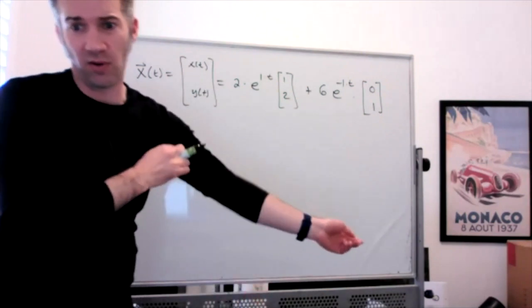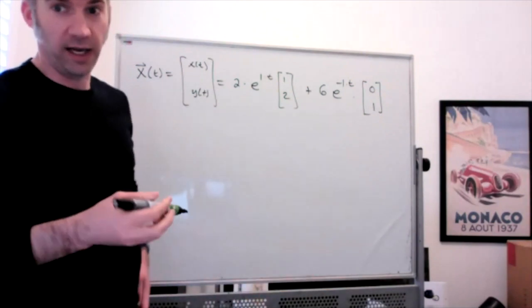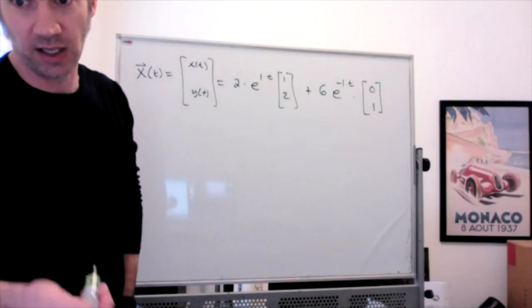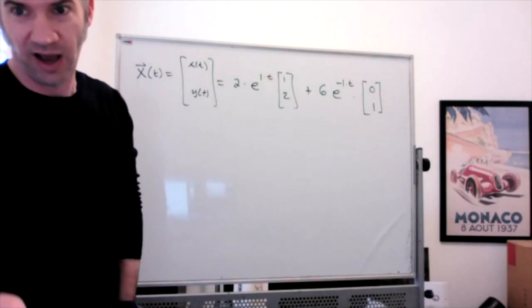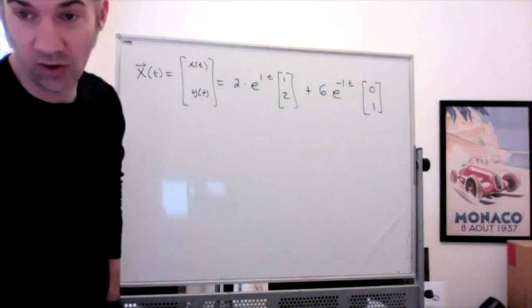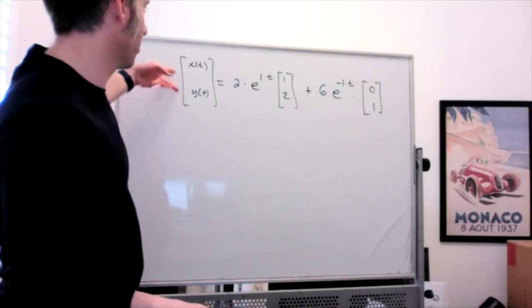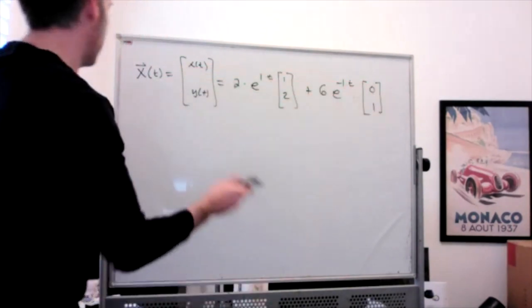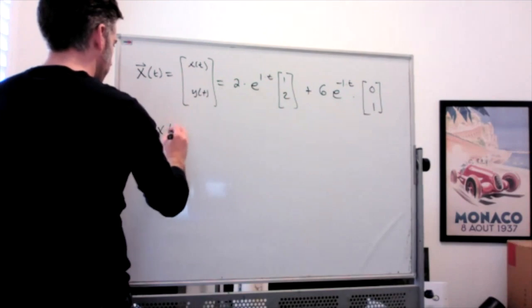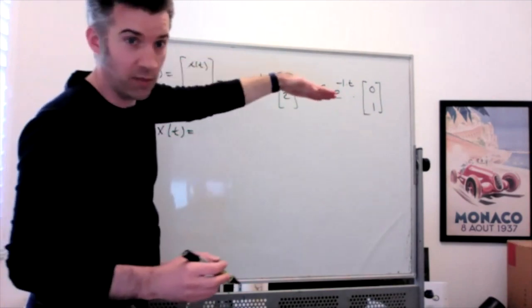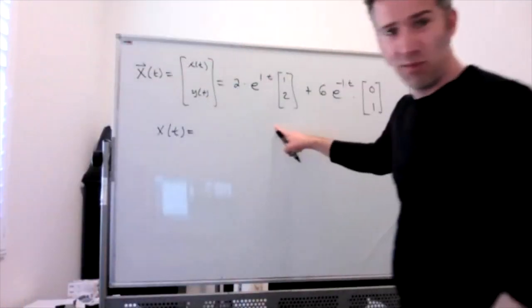Now, there's at least one question in the homework where they ask you specifically, like, what's x of t or x1 of t, what's x2 of t? I'm looking at questions 8 and 9 in your homework, where instead of giving the answer like this, you specifically want to say, well, x of t here would just be what's in the first row. In fact, if you wanted to, you can multiply this out.